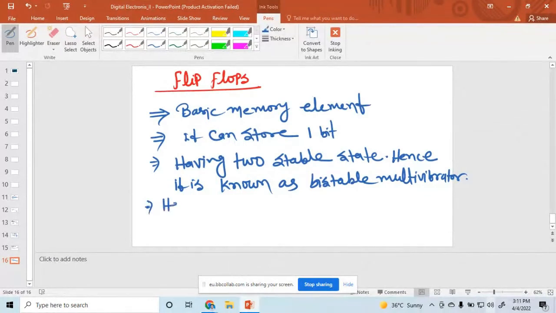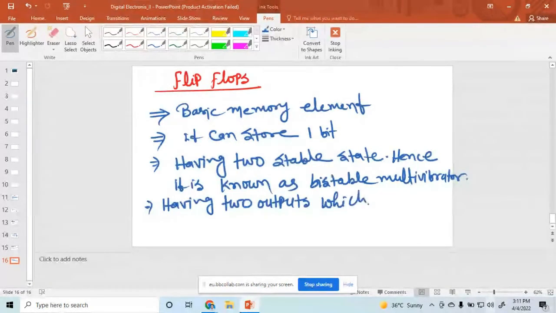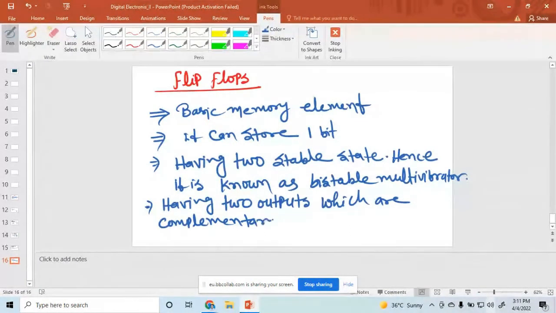It also has two outputs which are complementary to each other. This is the basic feature of the element.